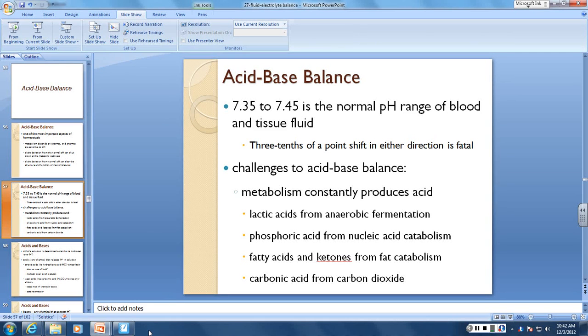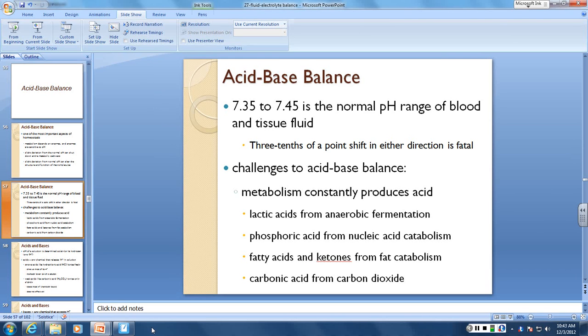So if the blood pH dropped to 7.0 or increased to 7.75, the body then has to do a constant job of making sure the pH doesn't fall out of that range.